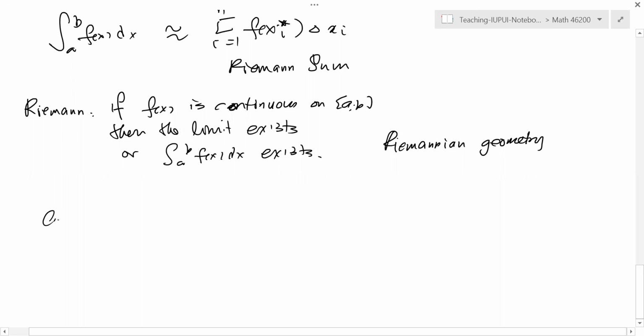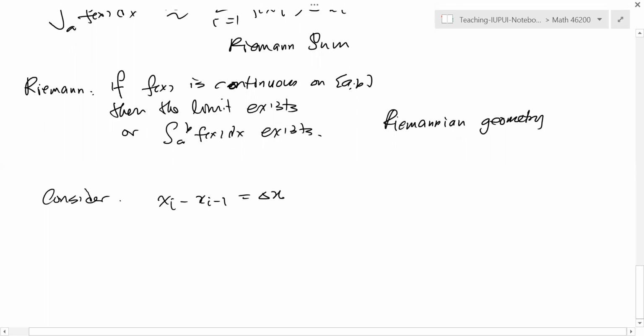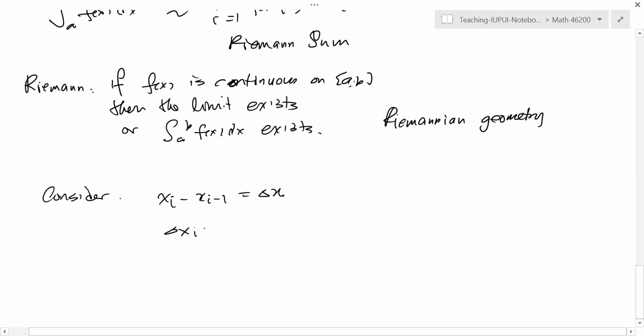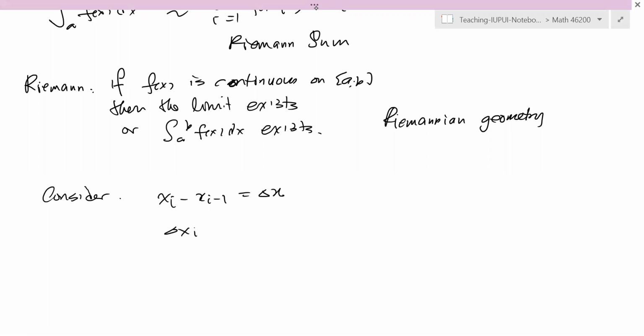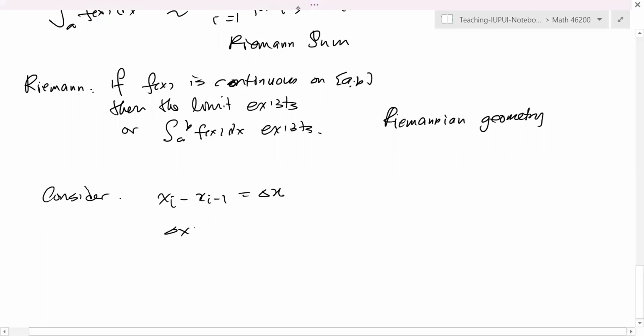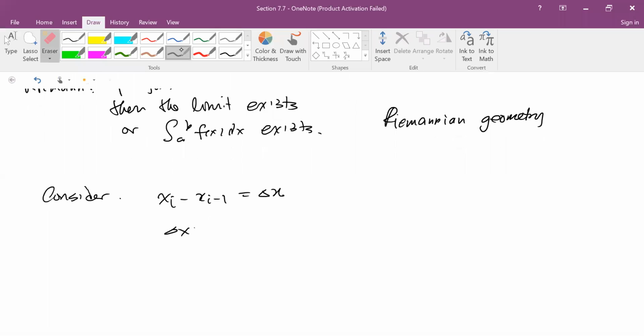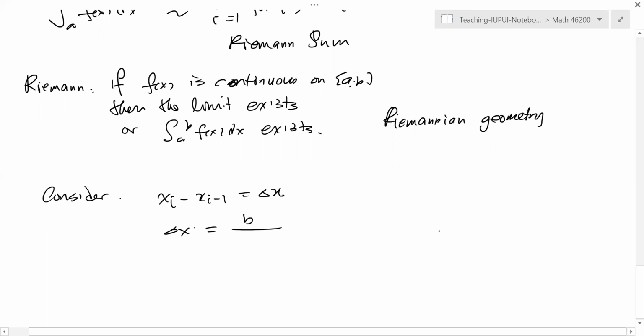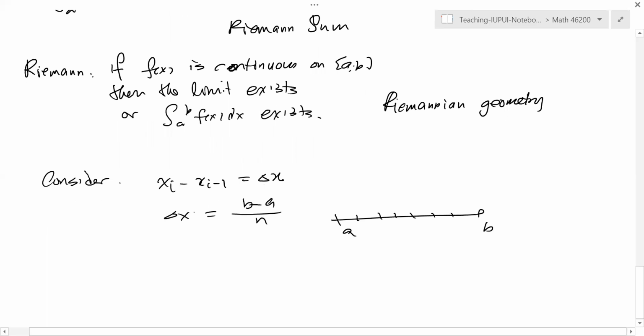We consider a special partition such that x_i minus x_{i-1} is just delta x, fixed and independent of i. Delta x is the whole length of the interval divided by n. You want to divide this interval into subintervals of equal size.